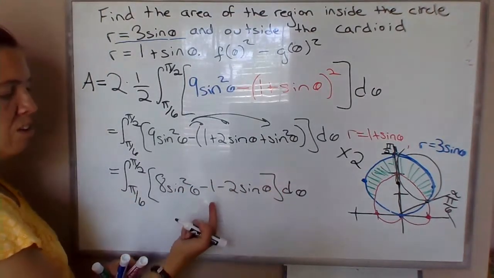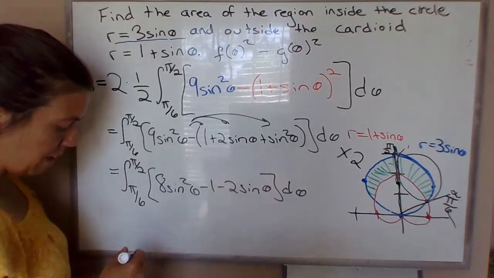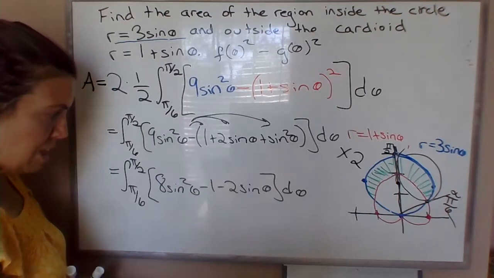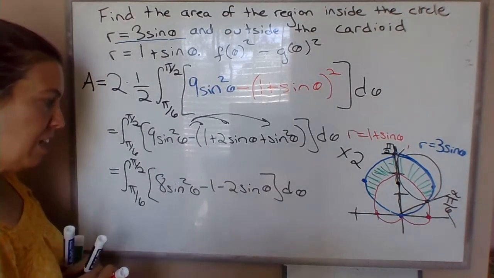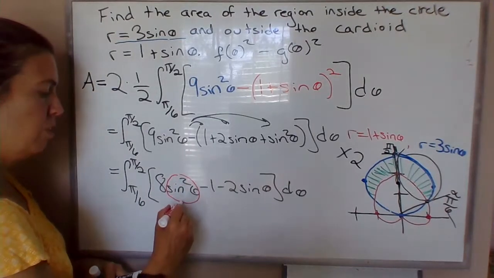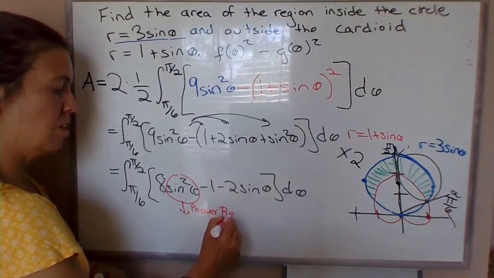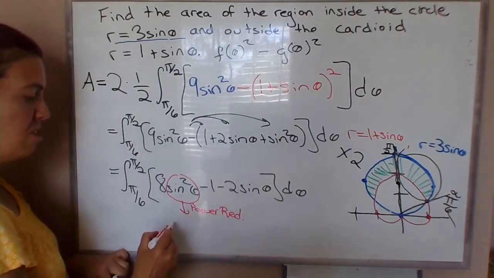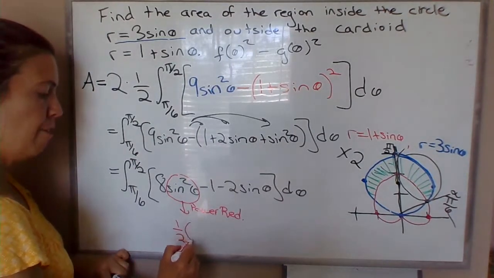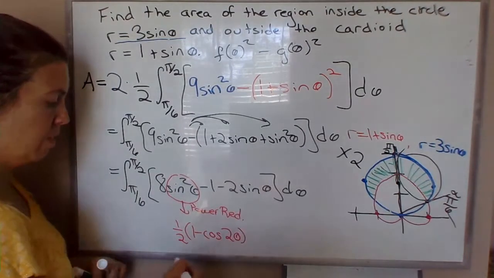Okay, so this can be integrated directly, this can be integrated directly, but in order to integrate that sine squared, here again, you're going to need to do power reduction. So in order to evaluate this integral, we have to apply power reduction again. And so that sine squared becomes 1/2 times 1 minus cosine of double that angle.